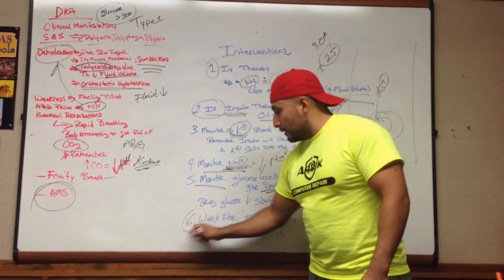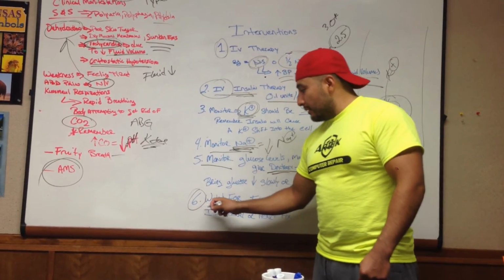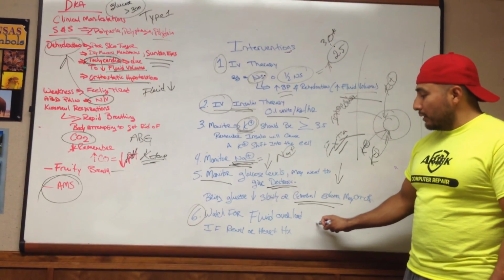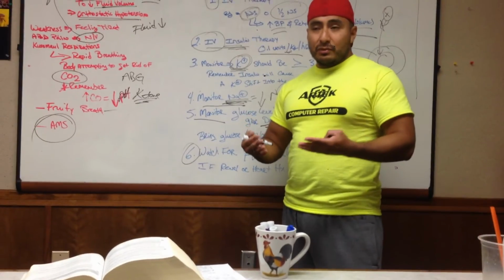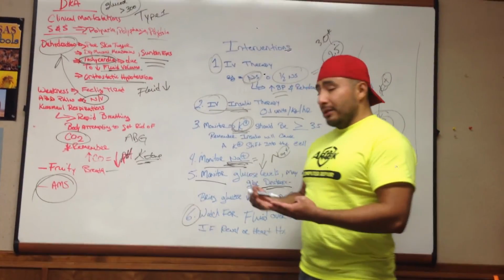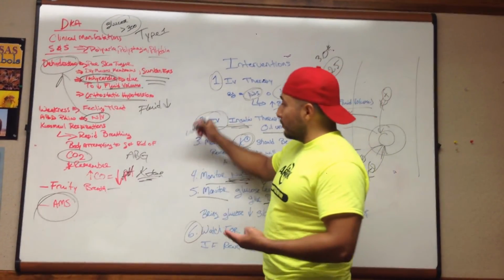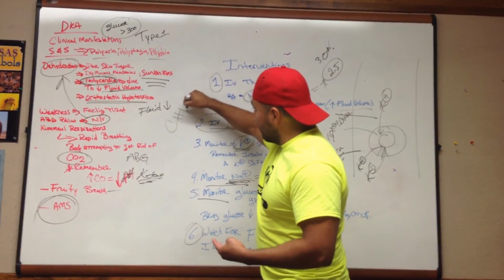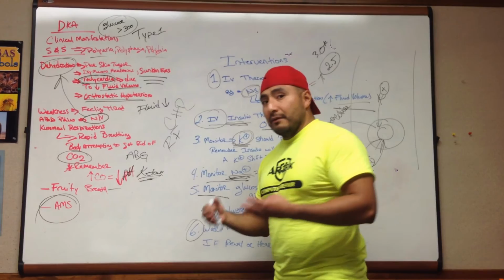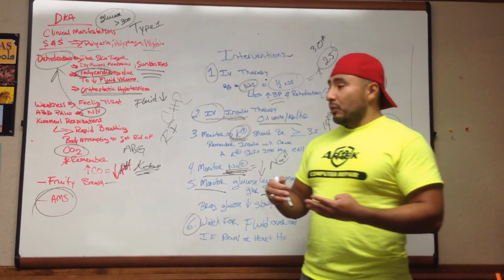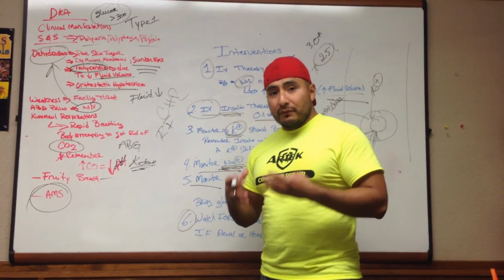And of course, last on our list here is watch out for fluid overload. They're going to be dehydrated, so maybe the doctor will say, give them a bolus. Well, you can go ahead and give them a bolus, but if it's a patient with maybe like CHF or renal failure, you give them too much fluids too fast, what will you cause? Pulmonary congestion, fluid overload.